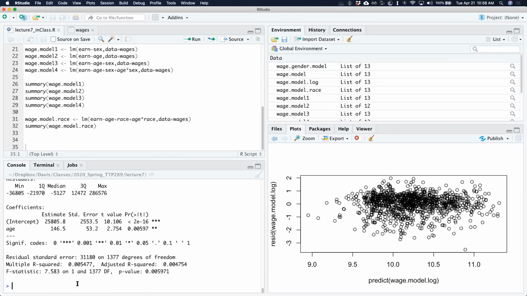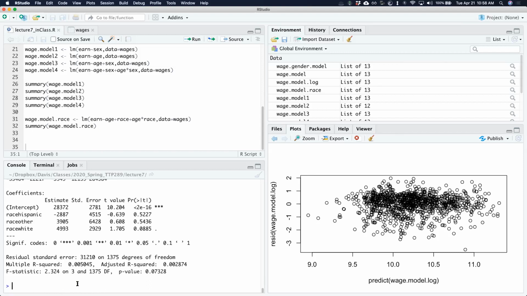And let me go ahead and do it this way. So instead of age, I'll just put in race. And in this case, maybe you see that race isn't significant. Well, there is maybe a slight difference here at the 10% level.